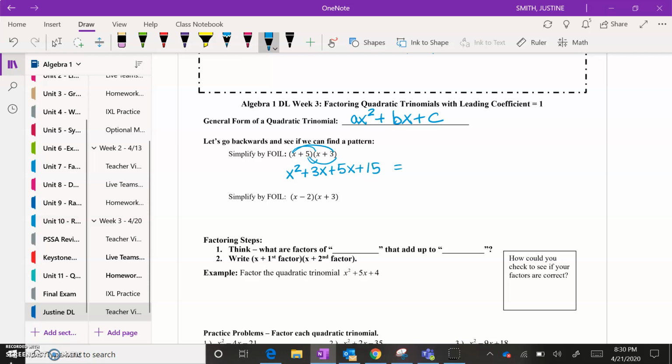So our answer would end up being x squared plus 8x plus 15. For the second one, again, it would be the first terms, the outer terms, the inner terms, and then the last terms. So that would give us x squared plus x plus 6.